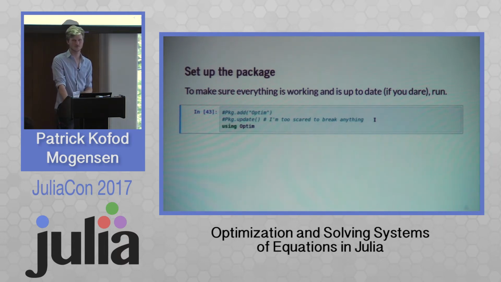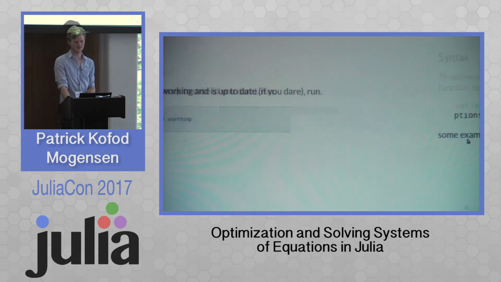There are 3 notebooks in this directory, and as I said in the beginning, the one called Optim.jl is the one we're using right now. We're apparently at slide 11 if you want to follow along. So you set up the package like that.